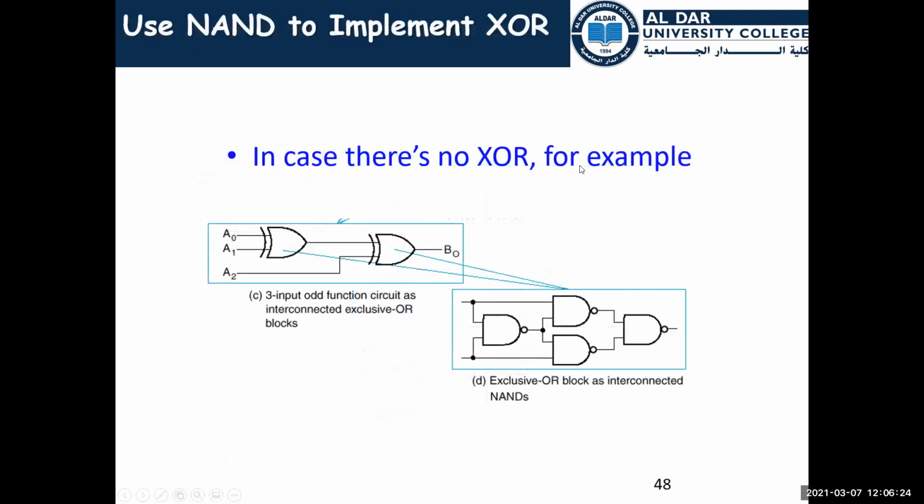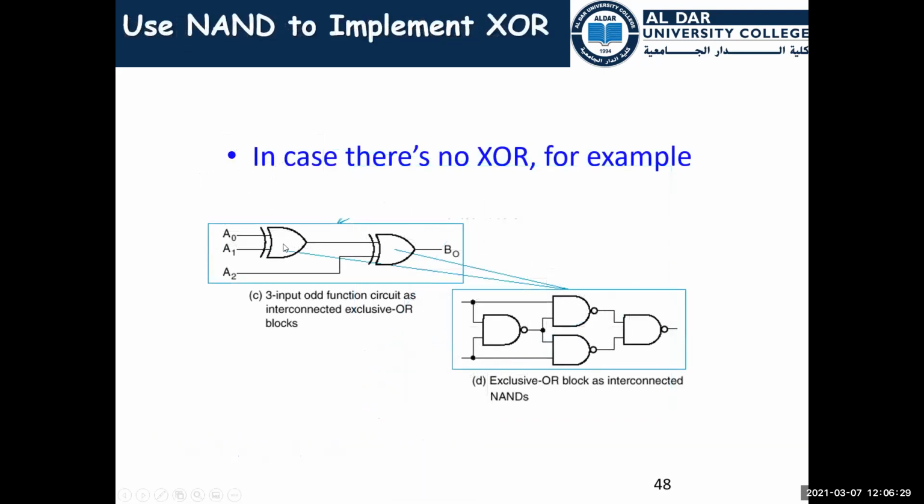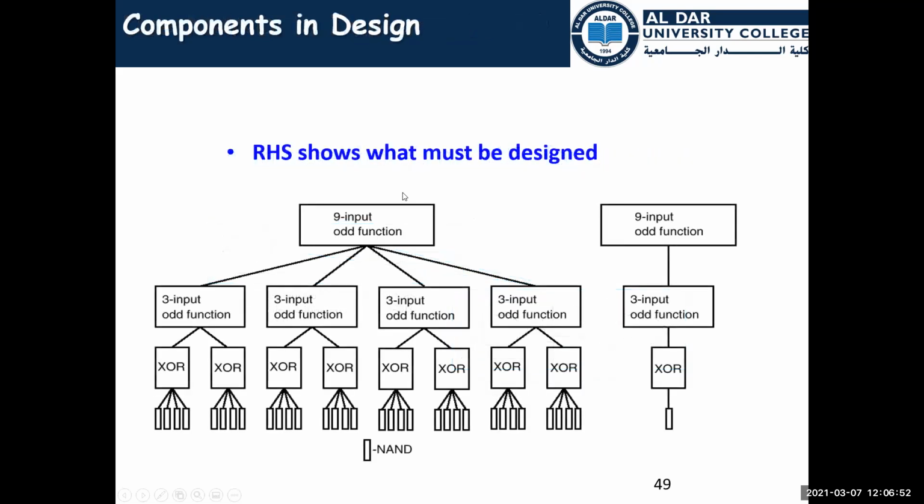And of course, you can convert the XOR functionality, using the XOR we have here, into an exclusive or using NAND gates. If you have only NAND gates, you can use this way to build it. The design hierarchy is simplified by this.